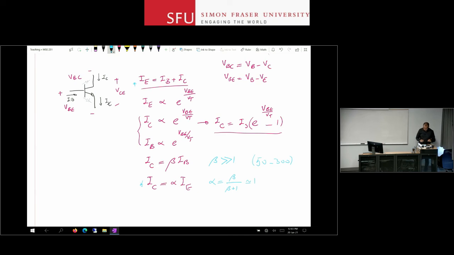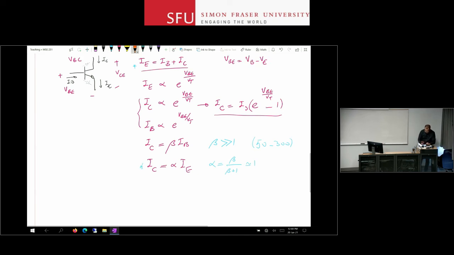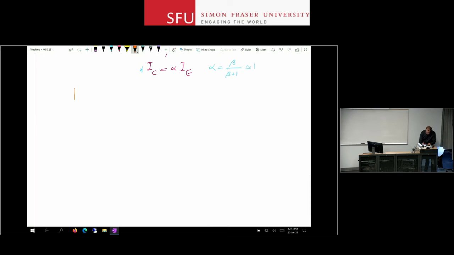So there are two equations that I want you to remember from this bunch. I'm going to rewrite them here to emphasize. So this is VBE, this is VBC, which we keep such that the base collector diode is reverse biased.